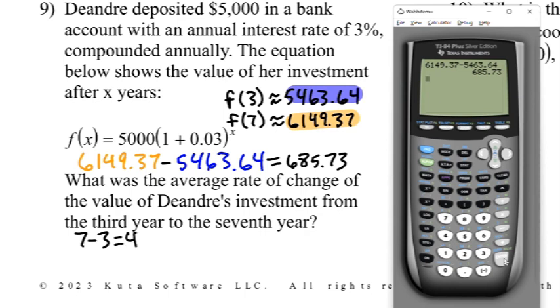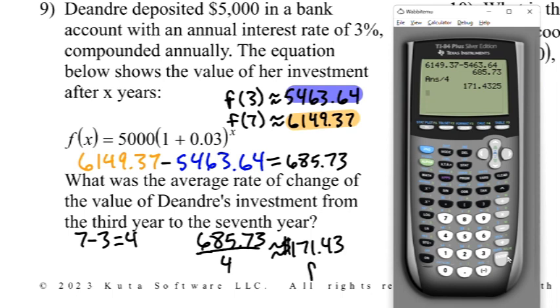So now we have to find the average. So $685.73 divided by 4. And I will get approximately $171.43 per year. That's the average.